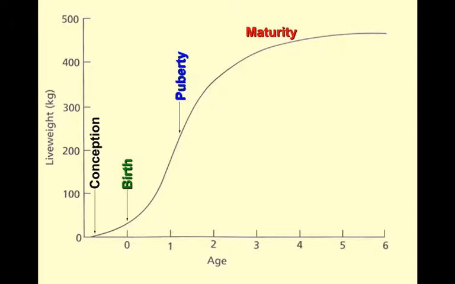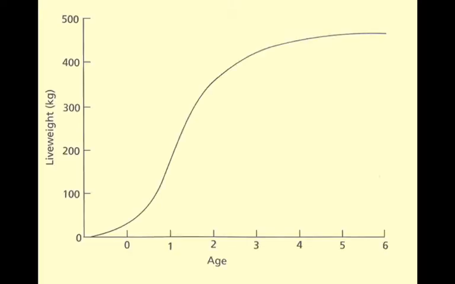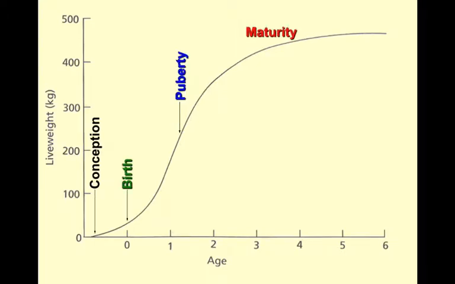So when we take a look here, what we should see is that from birth to puberty, there is a drastic increase in body weight over those first several months of age.